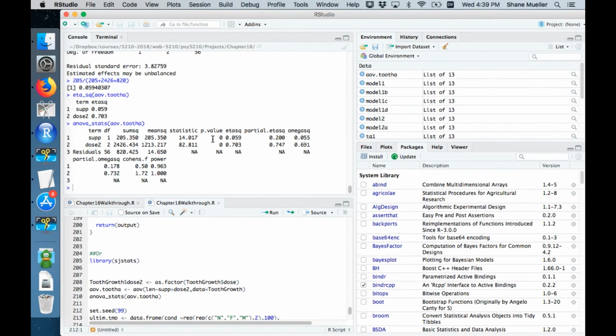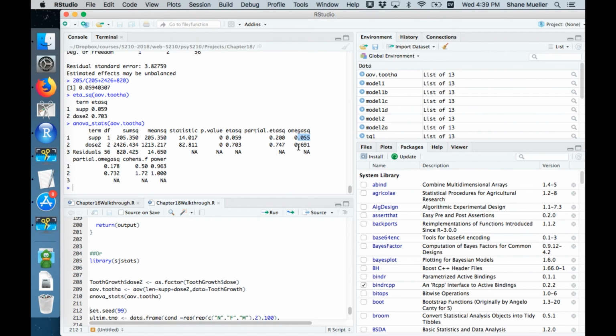But then it computes eta squared, partial eta squared, omega squared, and a related thing called partial omega squared. So you can see for the partial ones, the values go up because it's seeing how much of the residual variance is accounted for after we get rid of the other thing.